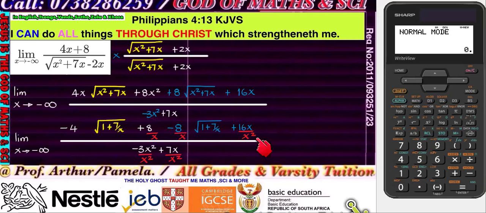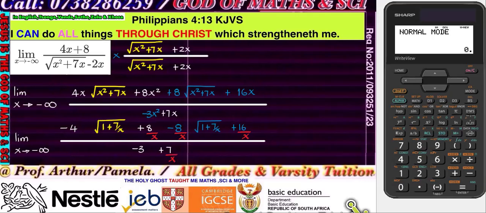The last term at the top, 16 over the x. So that will be gone. There we go. At the bottom, x squared cancel. You got minus 3. So this one is gone. You just have minus 3. The one with the 7, you're going to have 7 over the x. Like that.